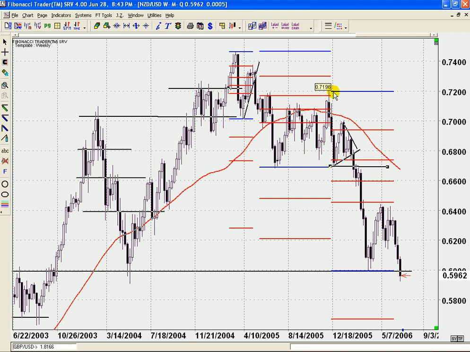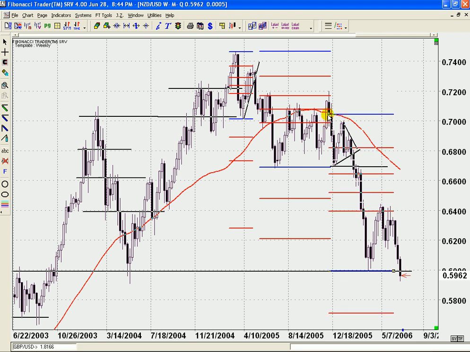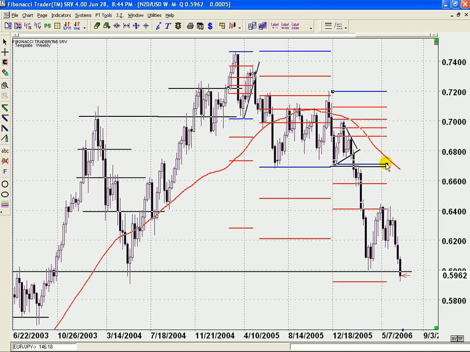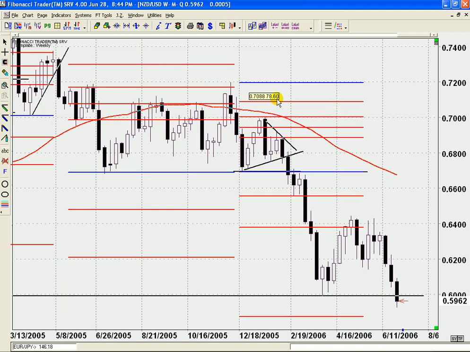Let's just check. I just want to check one more thing while I'm here. Okay, let's just spread this out here. You see the swing right here, the swing high, the blue line. Price falls from this blue line. Let's get rid of this one.